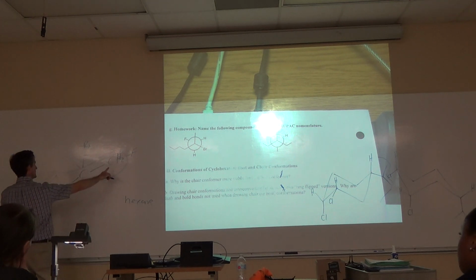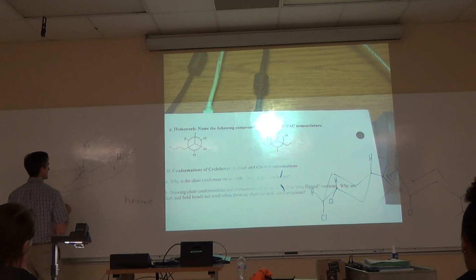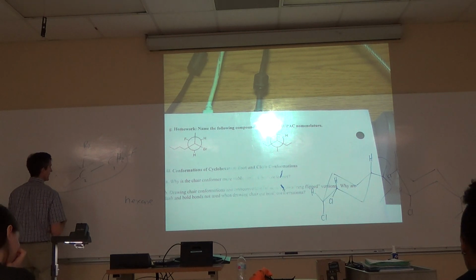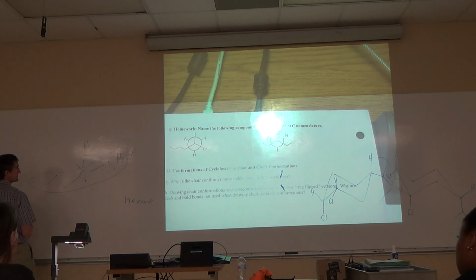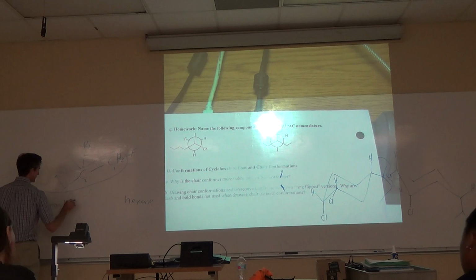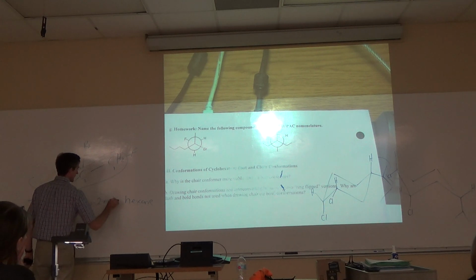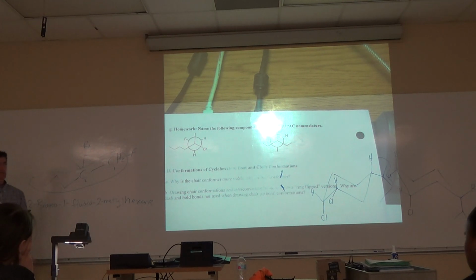You got a sub on the 1, and you got 2 on the 2. Alphabetical would be 2-bromo, 1-fluoro, methyl, hexane. Is that what you said? Okay.